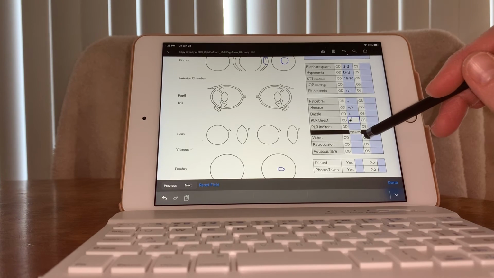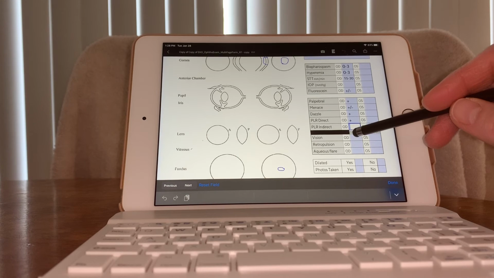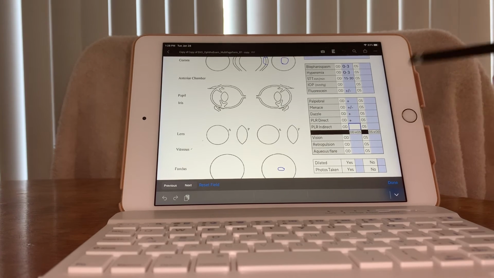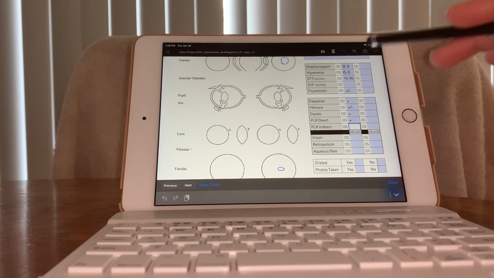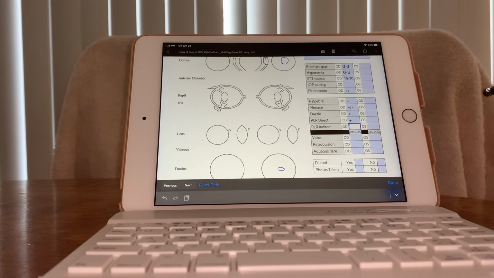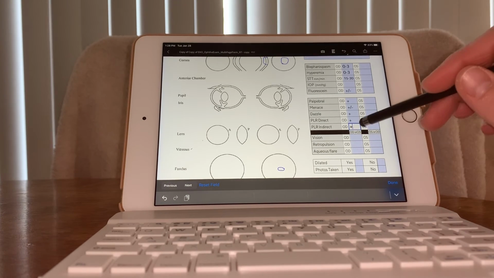The indirect is whether when I shine the light into the right eye, does the left eye constrict? Or when I shine the light into the left eye, does the right eye constrict? So essentially, you're looking at whether the wiring from the eye you're looking at is going back to the brain and coming back out to the fellow pupil. And that would be represented again by a positive or a negative.